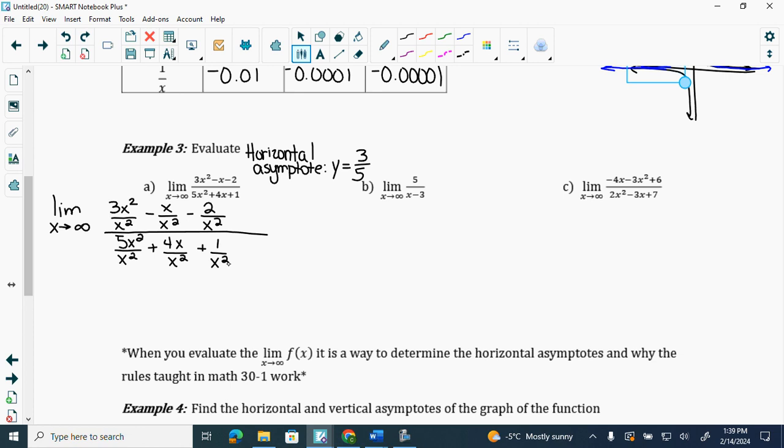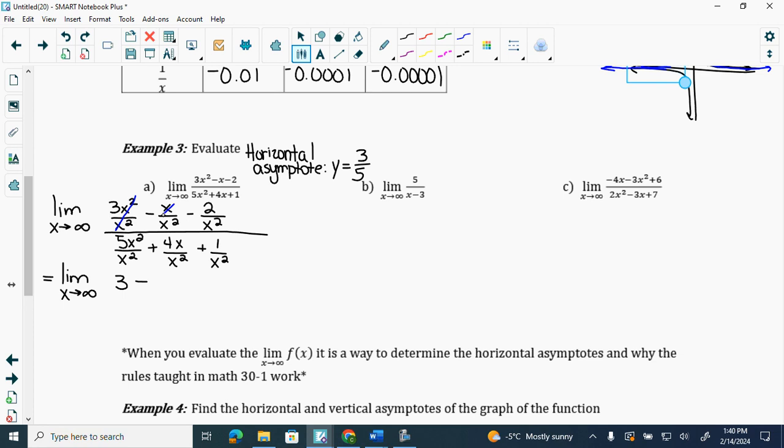My next step is going to be to write the simplified version of that. So this equals the limit as x approaches infinity. Now, what is 3x squared divided by x squared? 3. Because these will cancel. Right? What is x divided by x squared?